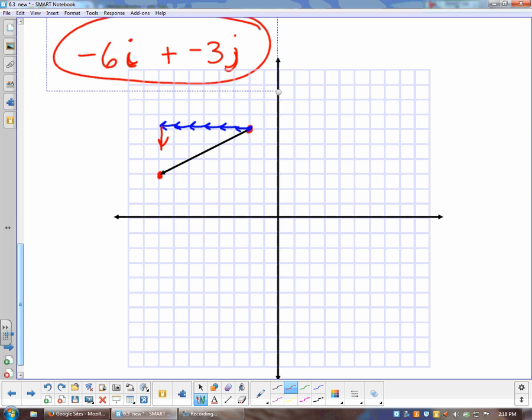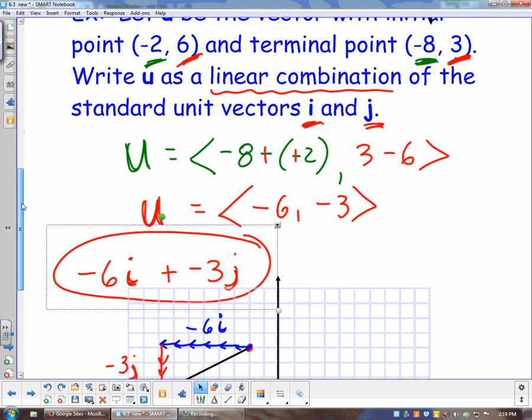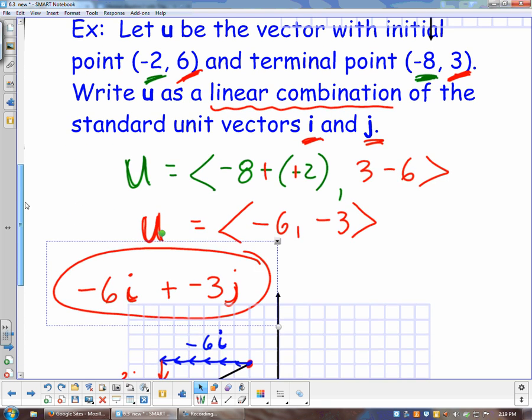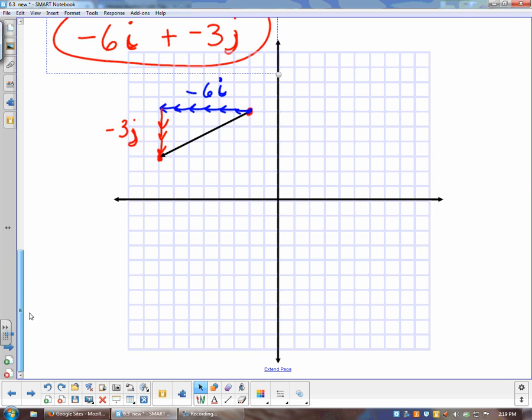So in other words, the j vector goes up 1 unit, but I want to go down 1 unit, and I want to go down 3 times. So this is what we mean by -6i, vector I, and then down here is -3j. So we've written our vector as a linear combination of the standard unit vectors I and j.